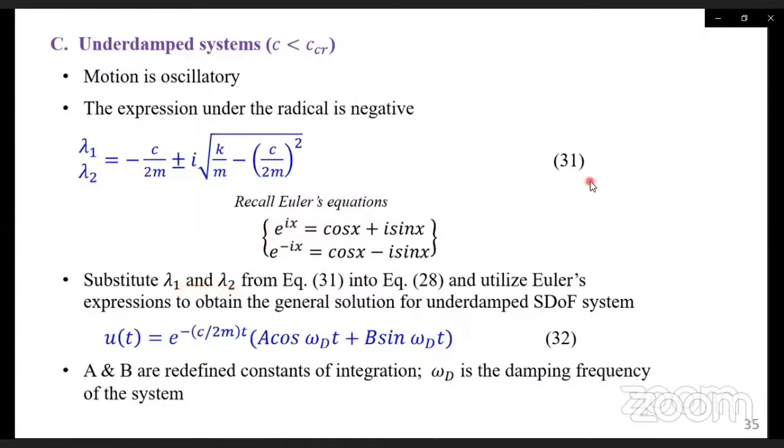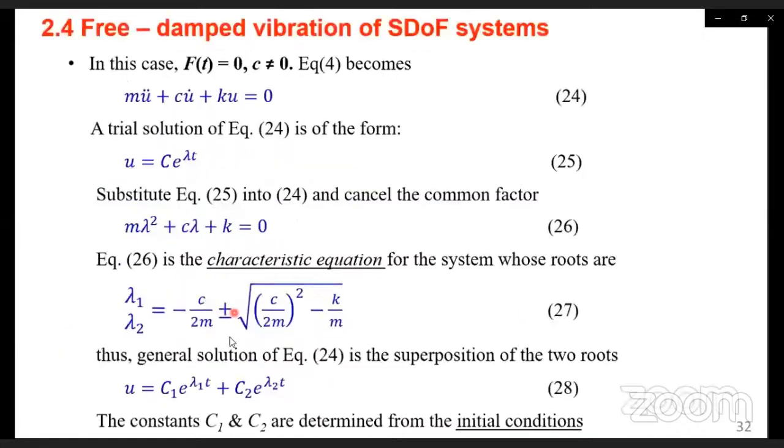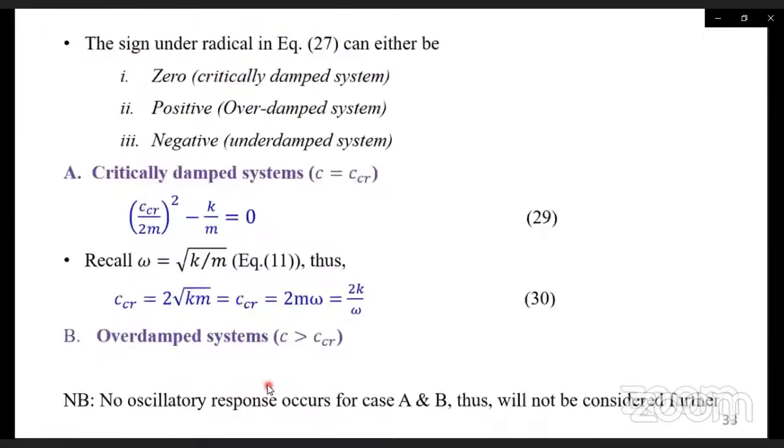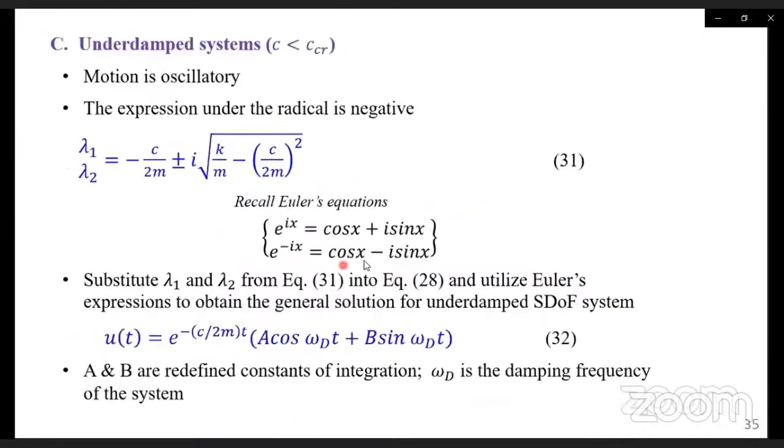We substitute equation 31 into equation 28, because these are the lambdas and equation 28 is our solution. So we are substituting lambda 1 and lambda 2 and utilizing Euler's equation so that we eliminate the complex number from the exponent.